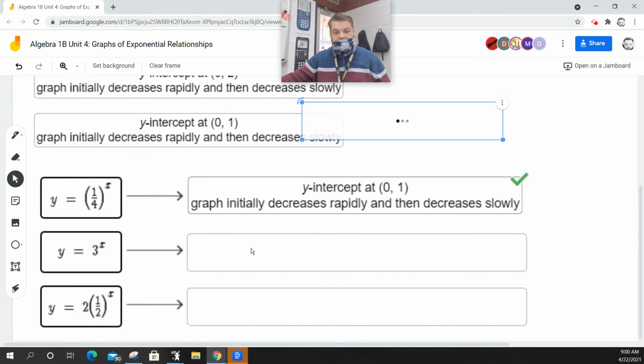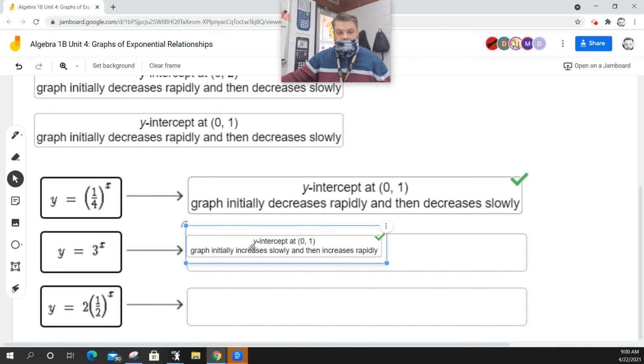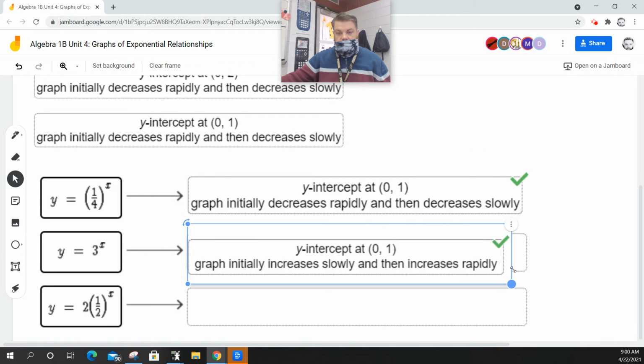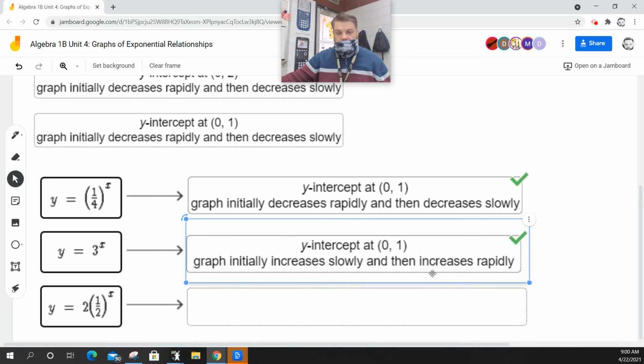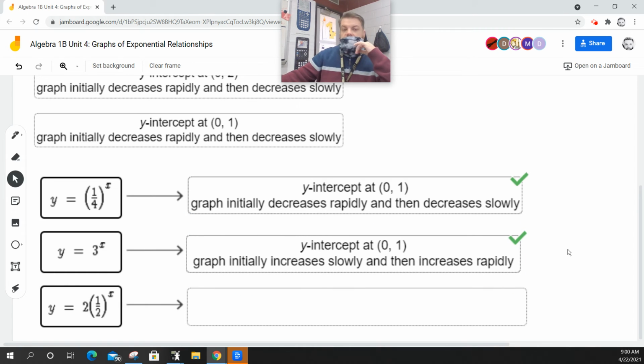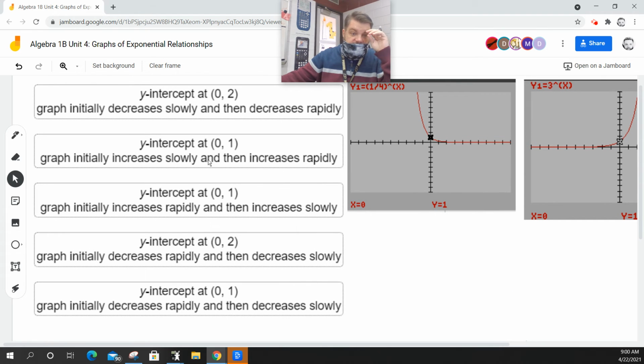So that would be this option, right? Is that right? I can't remember. I think that was the first one, this one right here. Increases slowly, then increases rapidly.